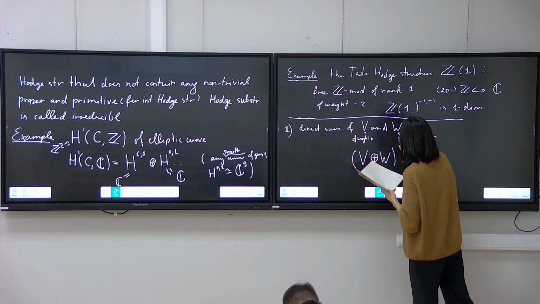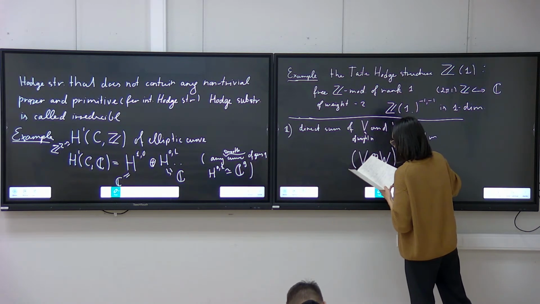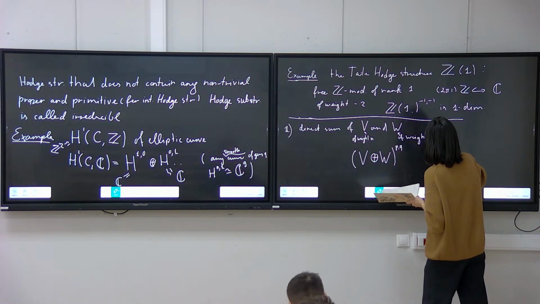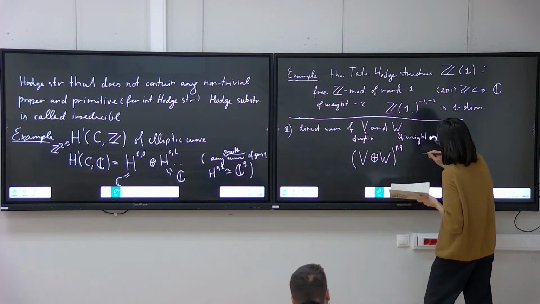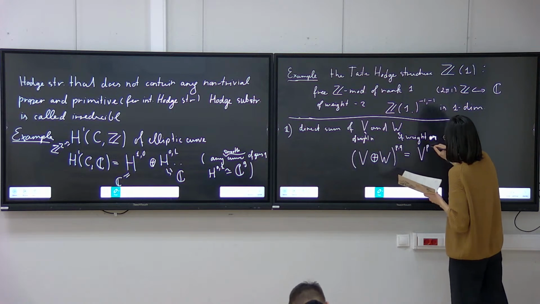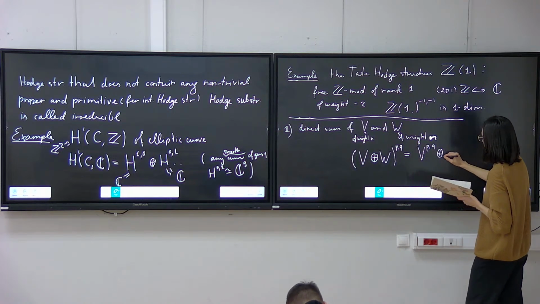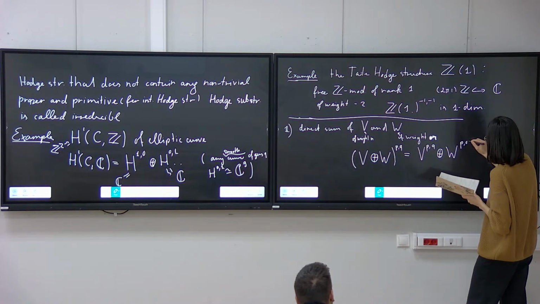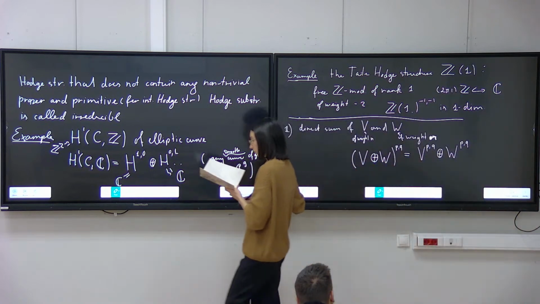Then the direct sum is of weight n, if they both are of the same weight. This is the direct sum of the (p,q) parts.